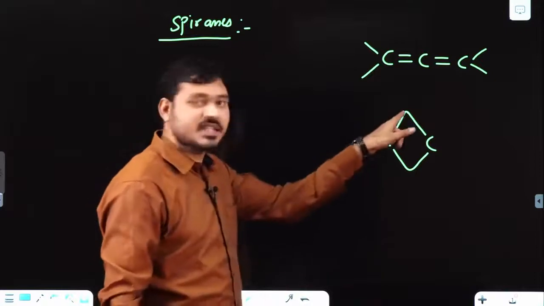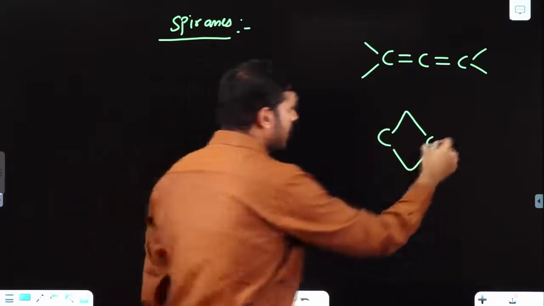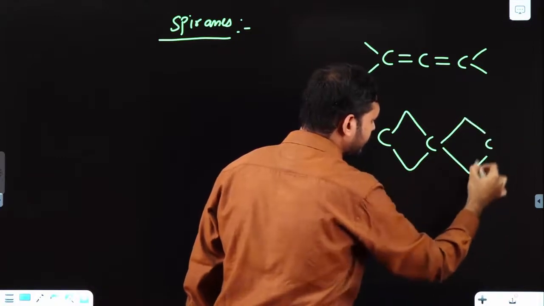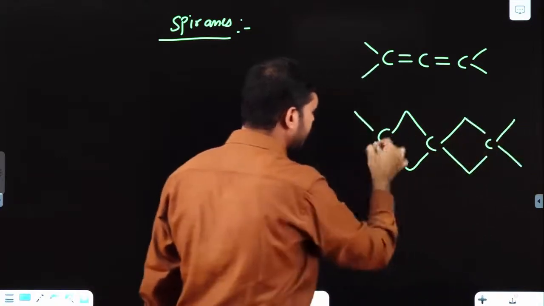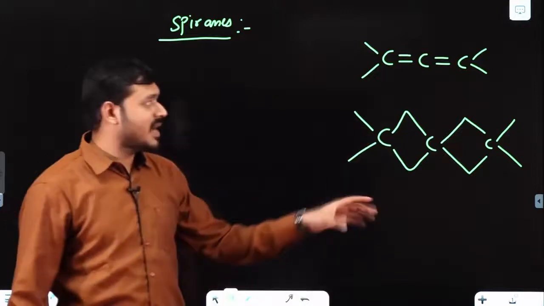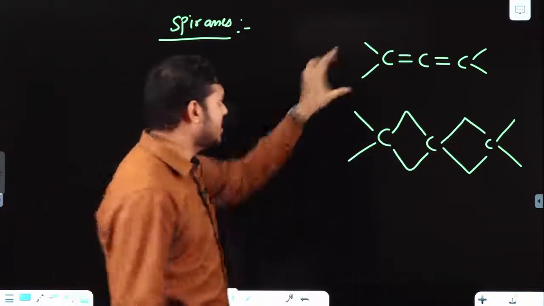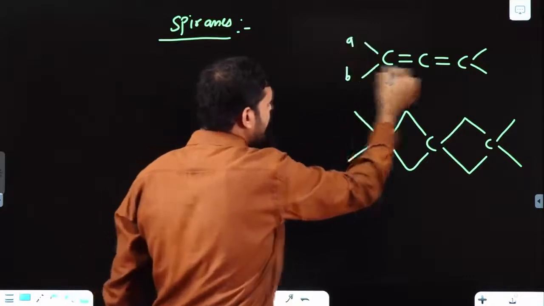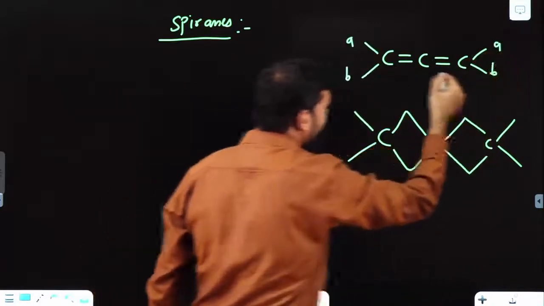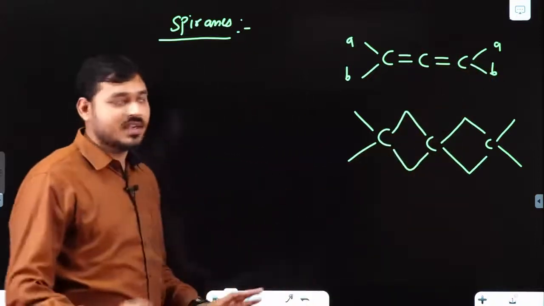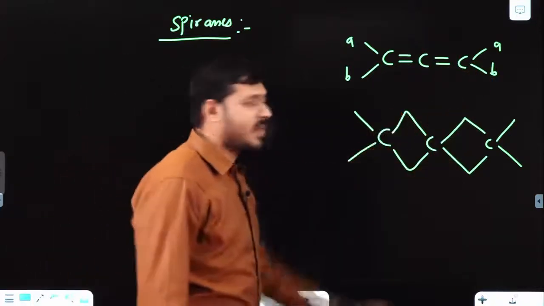See, here you are having CH2 CH2, okay, and here again. So can you imagine this part and this part? Yes, you can imagine these two groups. Suppose if I say AB and this also AB, you remember this part and this part were perpendicular, right? Similarly these two rings will be perpendicular.